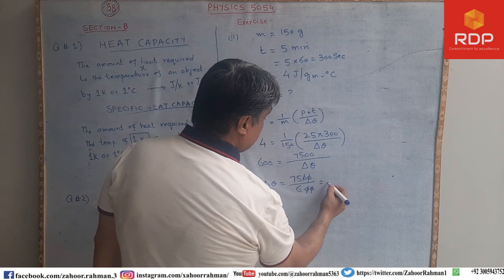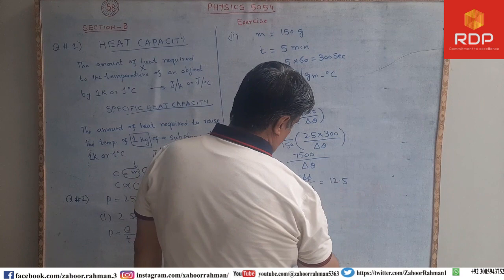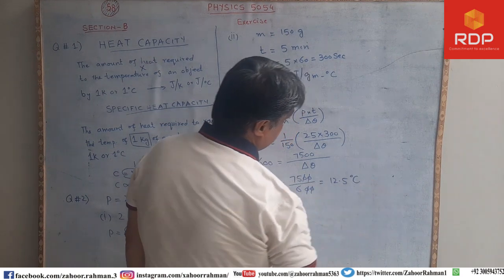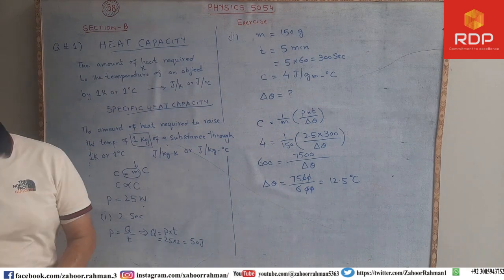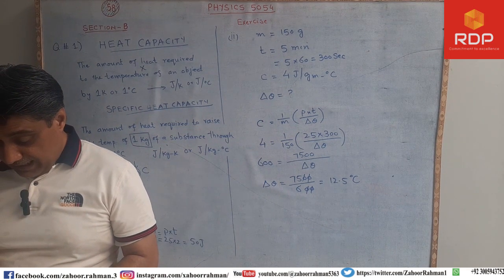These two zeros will be cancelled, and that will be equal to 12.5 degree Celsius. 12.5 degree Celsius is the answer.